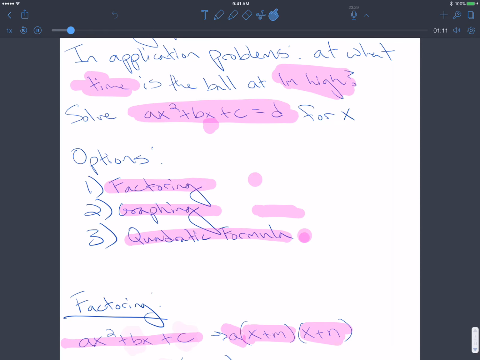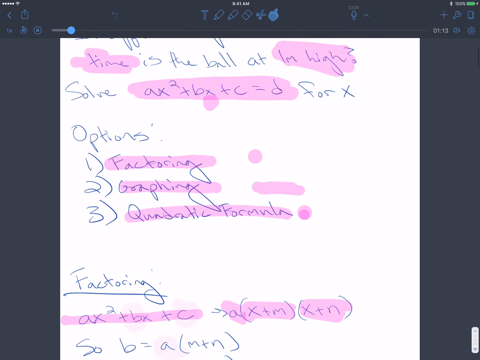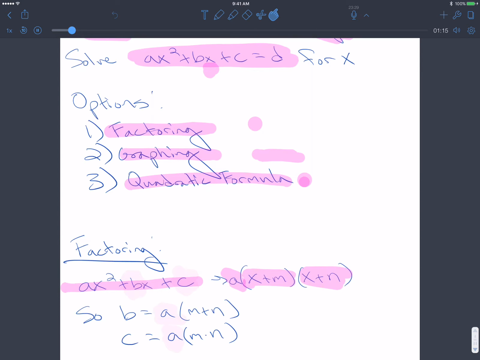The values of m and n have to be matching so that they add to b and multiply to c. And I kept the a out in front because if you pull the a out in front, then you need to have a times m plus n equal to b and a times mn equal to c in order for it to be consistent if you FOIL it.